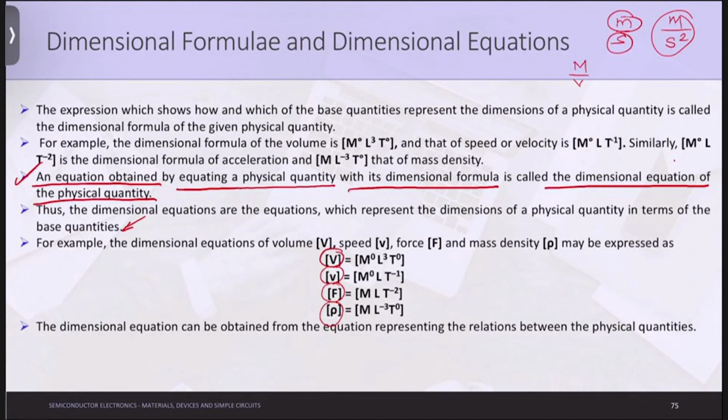Majority of the concepts you will study in future classes will be based upon dimensions of MLT only. A dimensional equation can be obtained from the equation representing the relations between the physical quantities, just as we explained here.